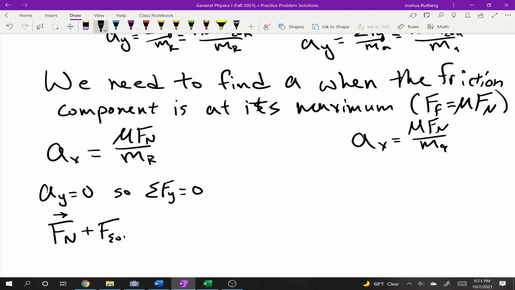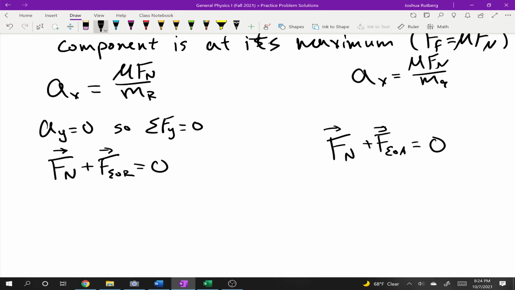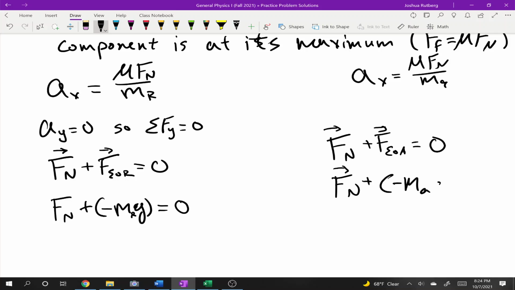The normal component plus the force the Earth exerts on the rubber is equal to 0. Same here, the normal component plus the force the Earth exerts on the aluminum is equal to 0. The way we calculate the force the Earth exerts on an object is always m times g. So the normal component plus negative m times g is equal to 0.